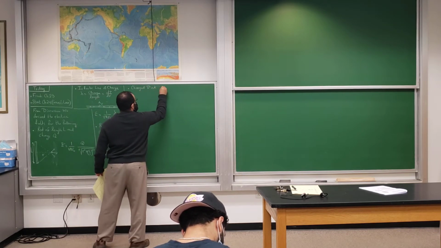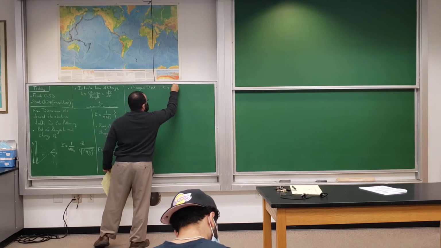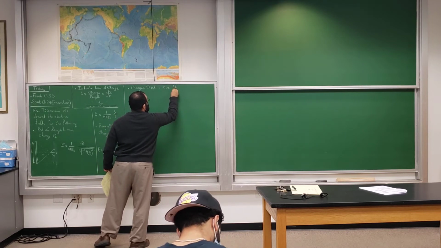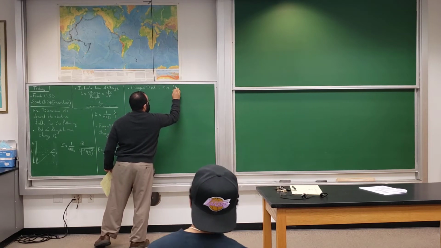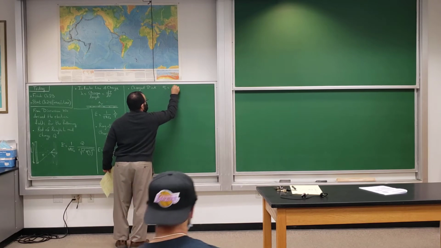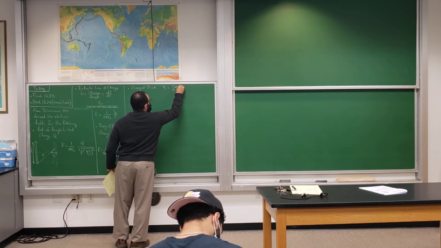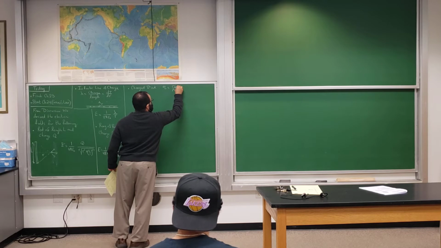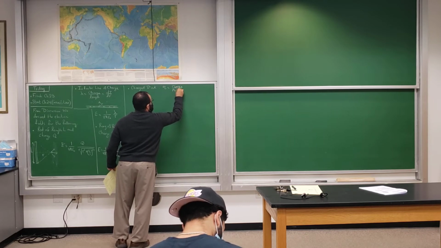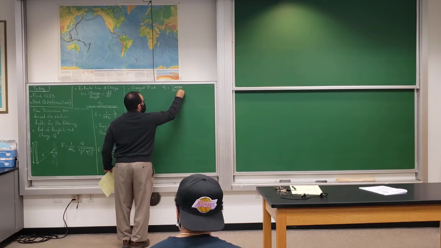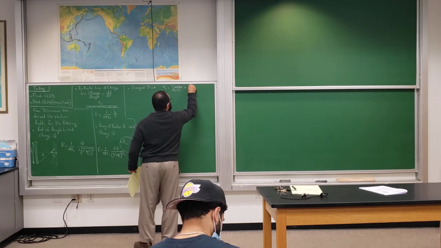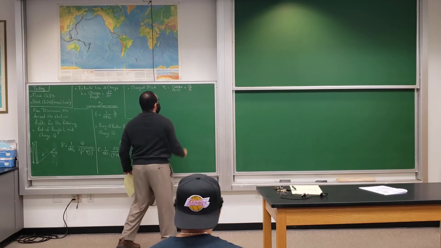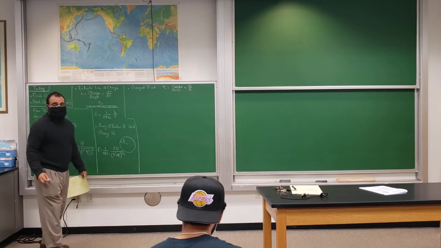Remember what eta was. Eta is if you take the charge and divide it by the area. Charge over area. So Q divided by A.